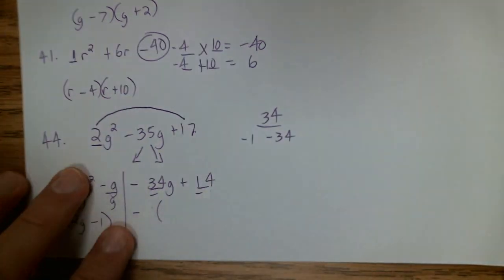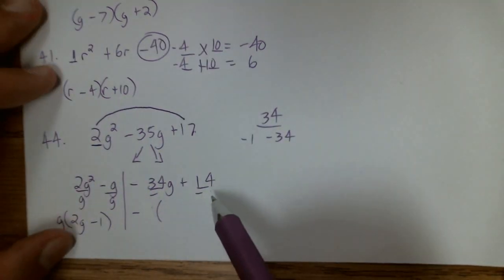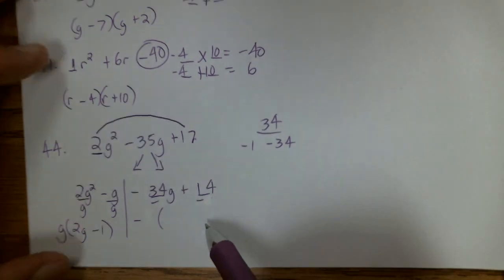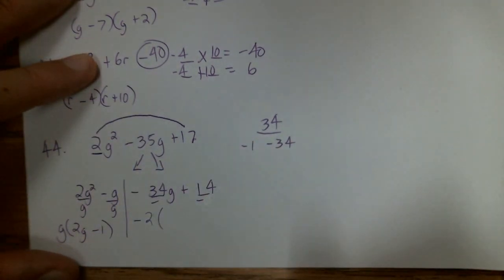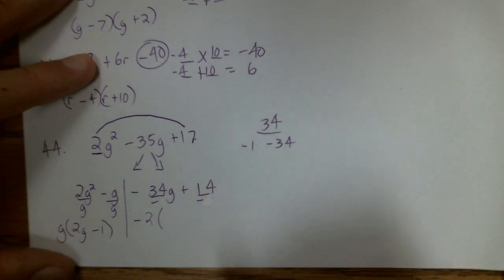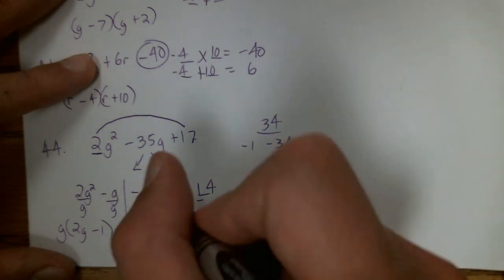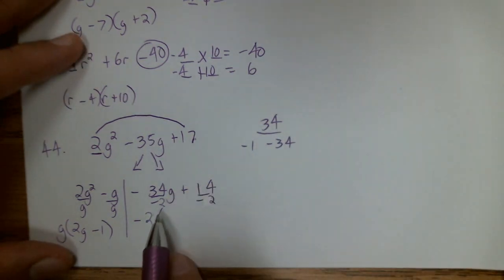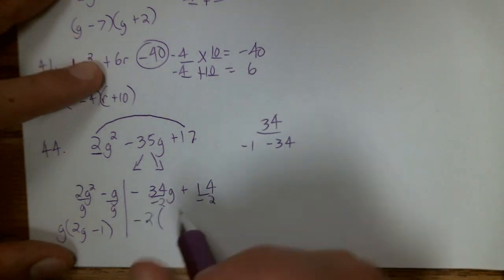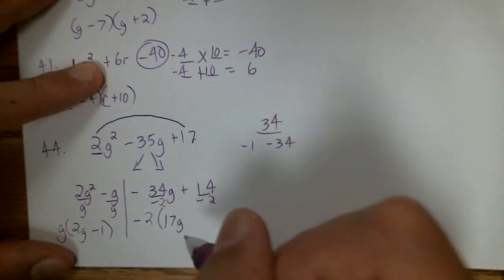Okay, so 14 doesn't work. 7 doesn't work. So I need to drop 14 down to its next lowest factor, which is what? 2. They're both even, so the best I can pull out is a 2. If I divide both of these guys by negative 2, negative 34g over negative 2, negative over negative is a positive, that's going to leave me with 17g.